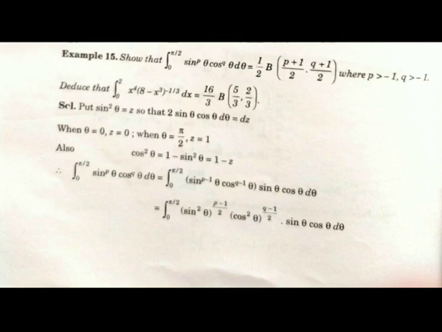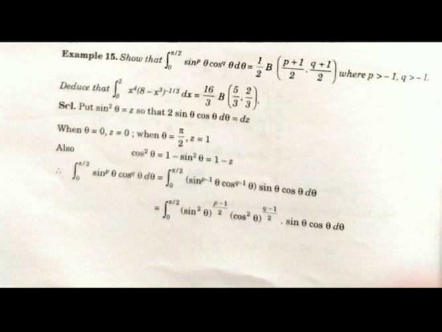Next, take the LHS part: integral from 0 to pi by 2 of sin^p theta into cos^q theta into d theta is equal to, here sin^p theta can be rewritten in the form of p minus 1 and 1, because in the RHS we have the form p plus 1 by 2, q plus 1 by 2. That's why I'm taking this part.